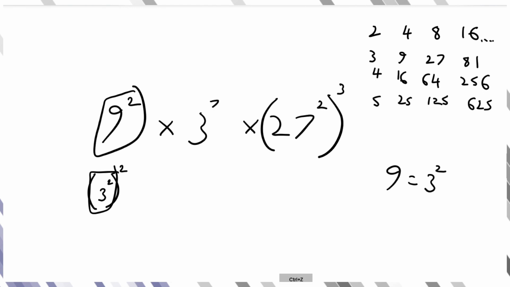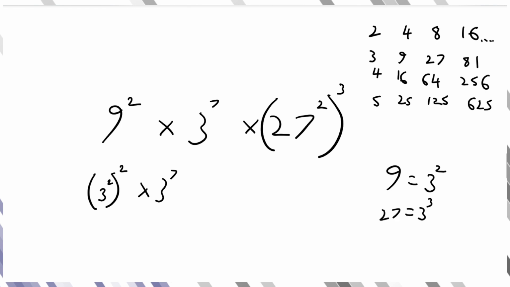So 9 squared is 3 squared squared, because 9 is 3 squared. And then we've got 3 to the power of 7. That's already a 3, so we can keep that as it is. And then 27 is 3 cubed.